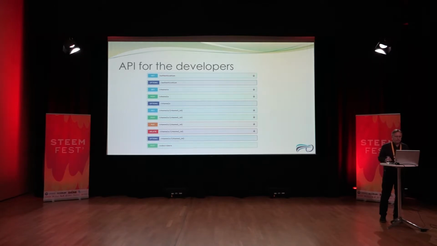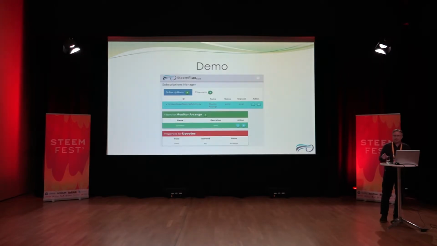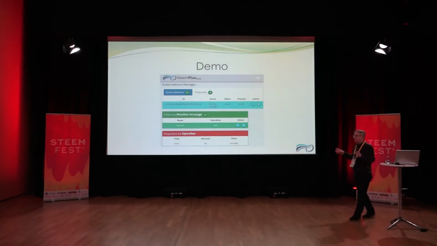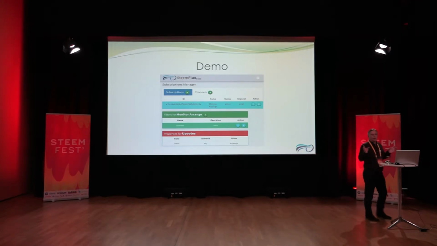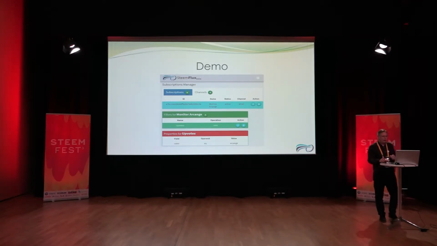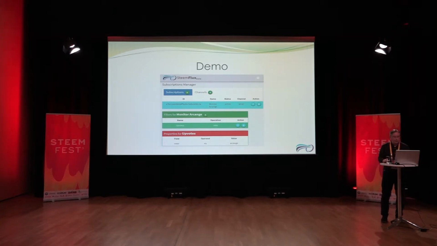For laymen, we make it different. We created a small website. You will see this website. It uses the API. I use my own dog food. I'm a user like any other. I just connect onto the SteemFlux API and then I interact. Okay?